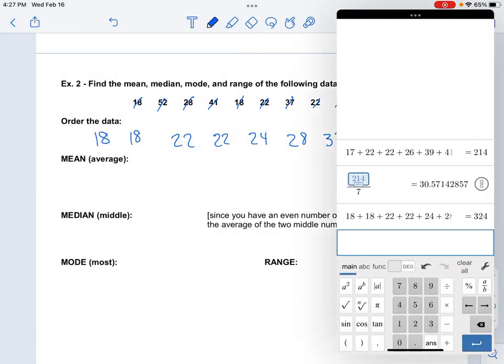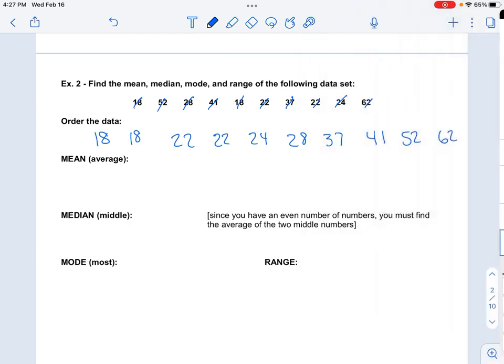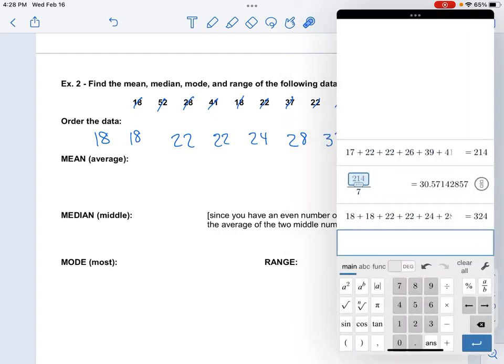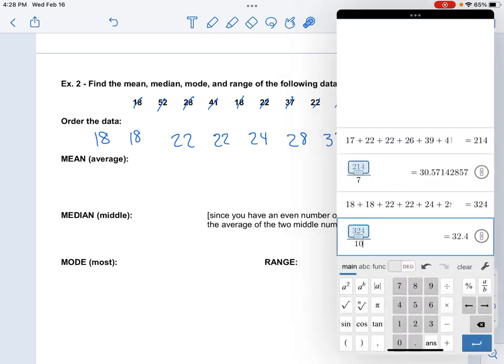So I have 1, 2, 3, 4, 5, 6, 7, 8, 9, 10 terms. So I'm going to take this number and divide it by 10. So my mean is 324 divided by 10, which is exactly 32.4.